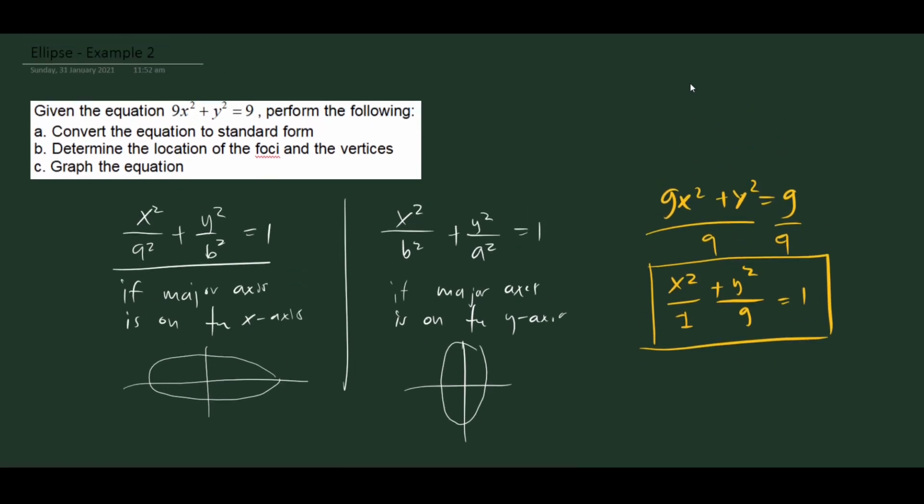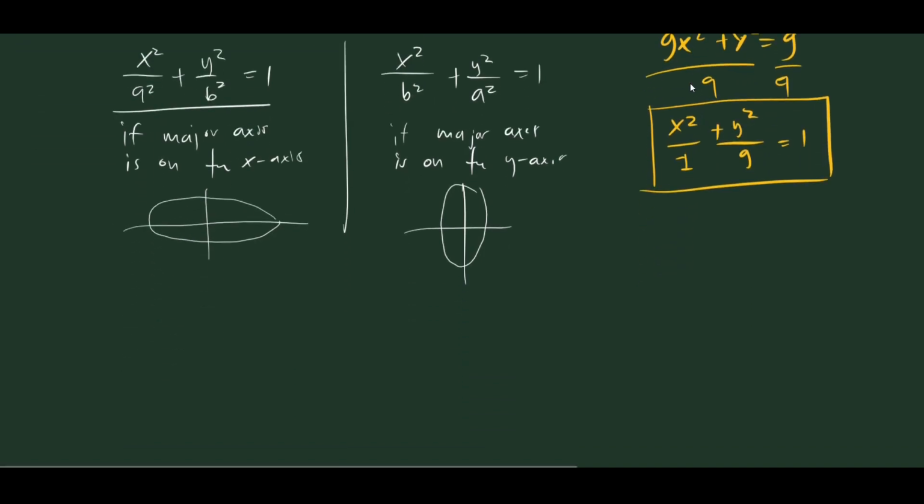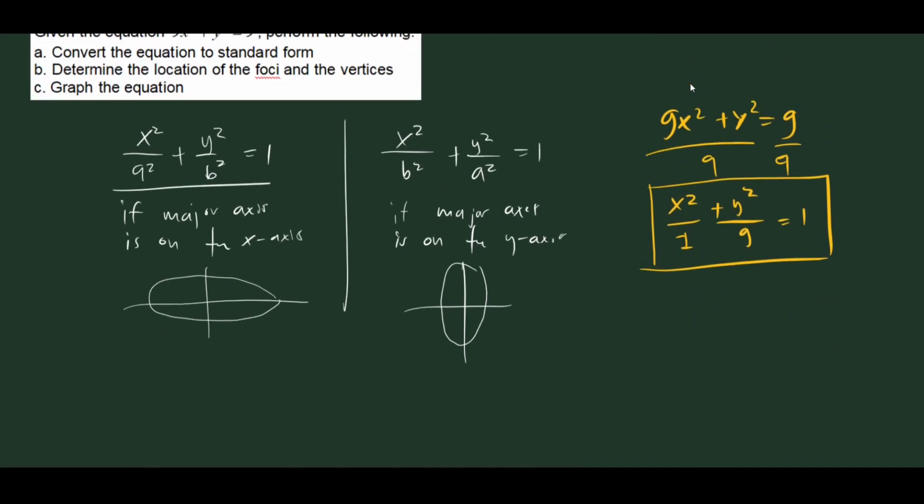Okay, so what do we do next? So what we do next is to determine the location of the foci and the vertices. So we need the value of c for the foci and the value of a for the vertices. Okay, but first we also need to take a look at our equation. So as you notice, x squared and y squared here have no transformations.